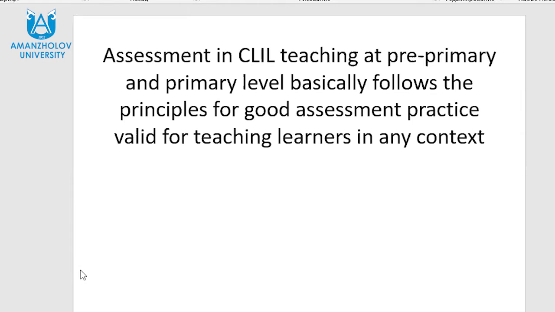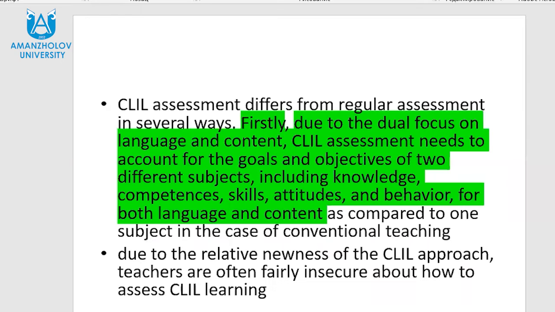Assessment in CLIL teaching at pre-primary and primary level basically follows the principle for good assessment practice valid for teaching learners in any content. So there is not much difference between them. However, CLIL assessment differs from regular assessment in several ways.